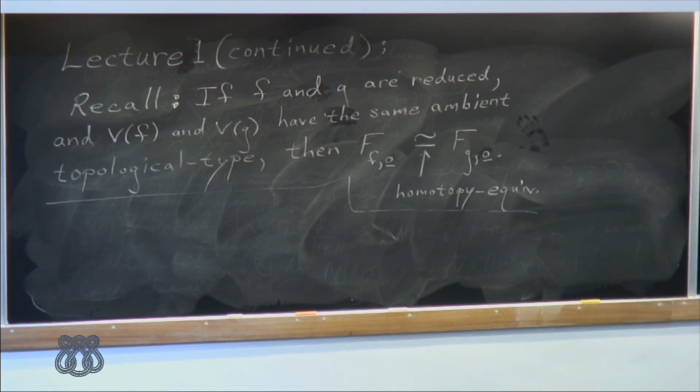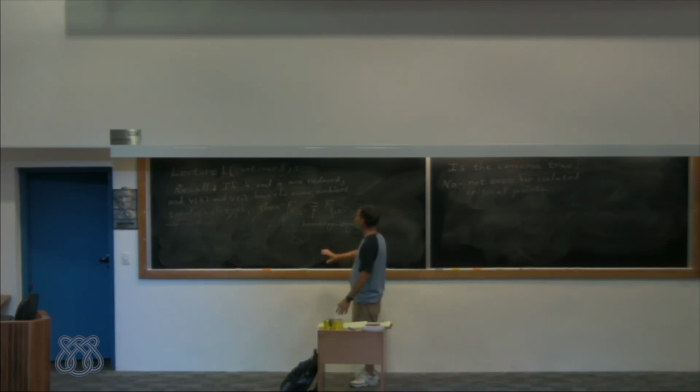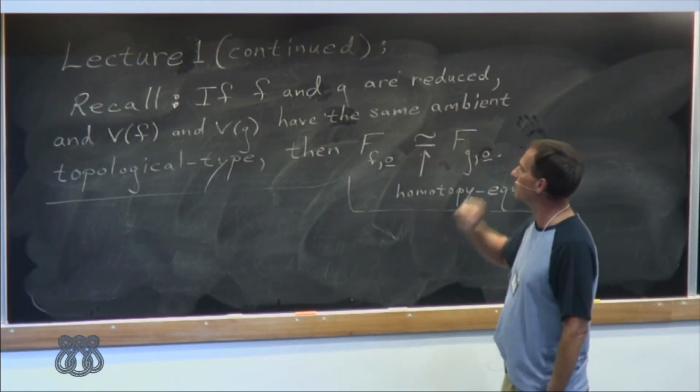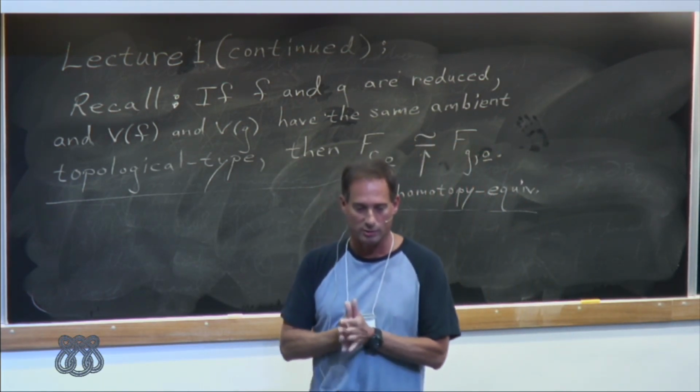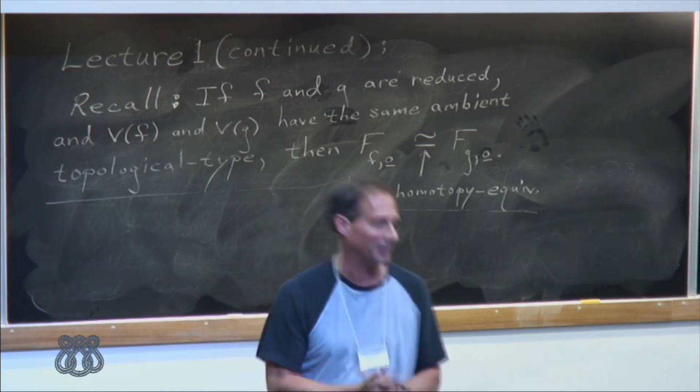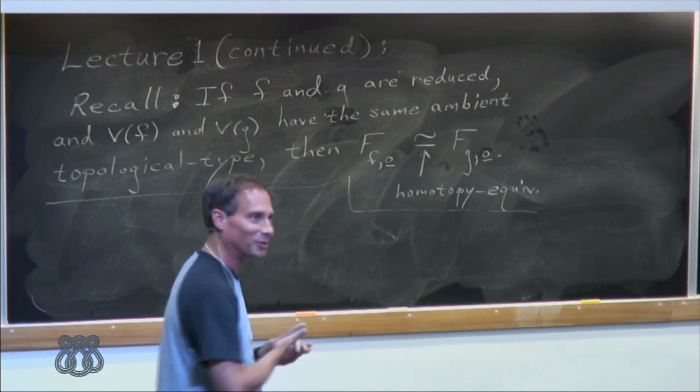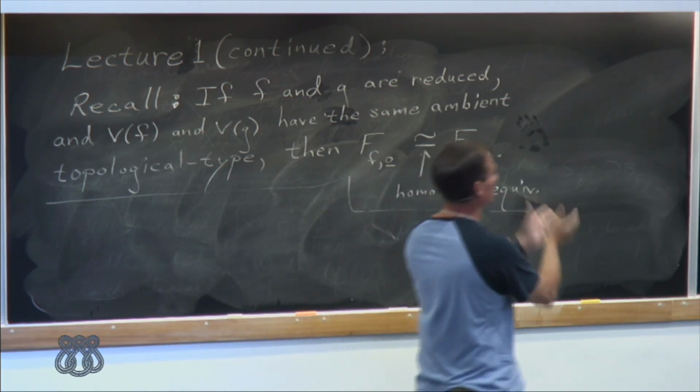You could hope that the homotopy type of the Milnor fiber was a very sensitive invariant, and that the converse of this would be true. That if you had reduced hypersurfaces and the Milnor fibers are homotopy equivalent, then the 2 hypersurfaces have the same topological type. You could hope that, but you'd be disappointed, because is the converse true?